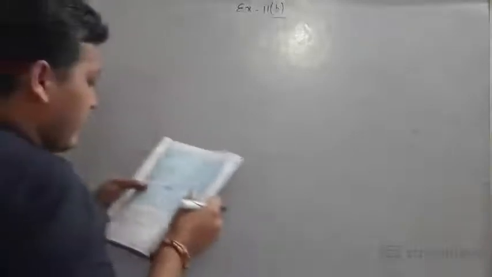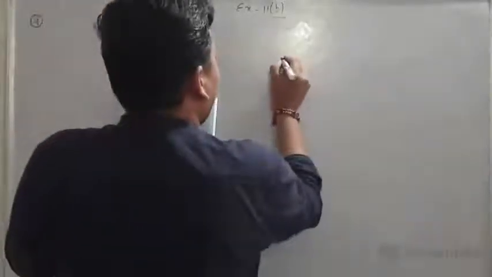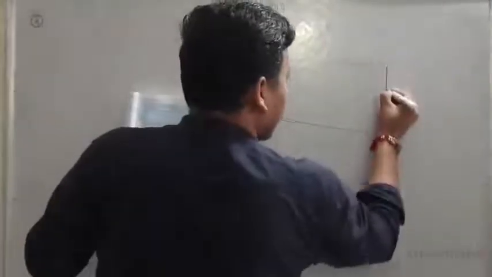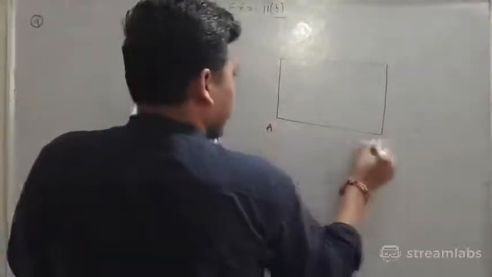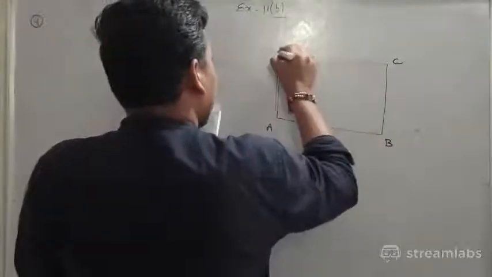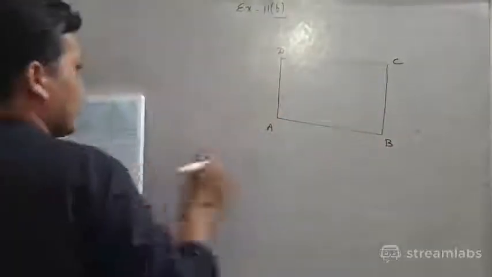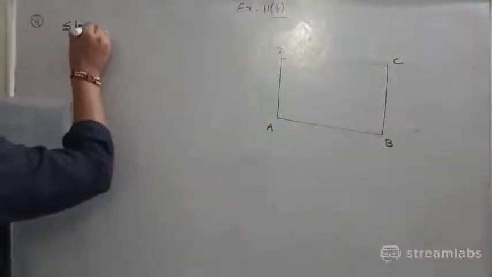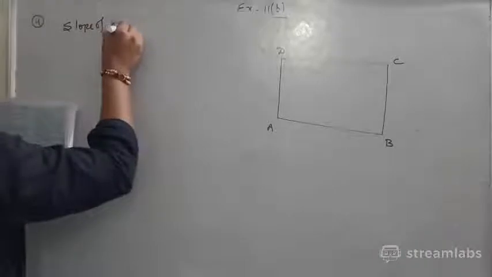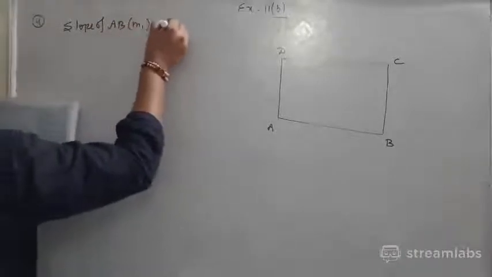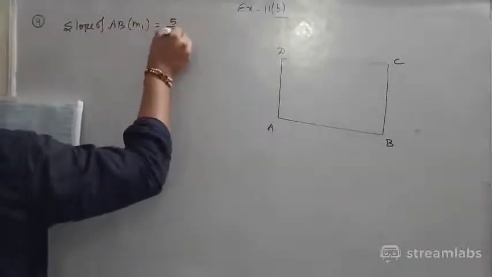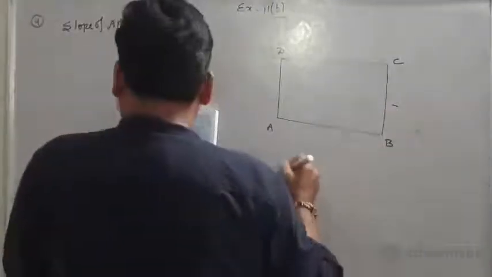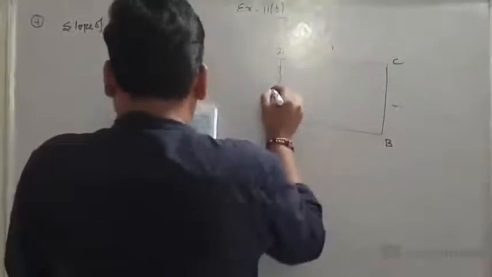In the rectangle ABCD, first of all draw a rectangle ABCD. The slope of AB is 5 by 6. Slope of AB, let it be denoted by M1, is 5 by 6. The question is, find the slope of BC, CD and DA.